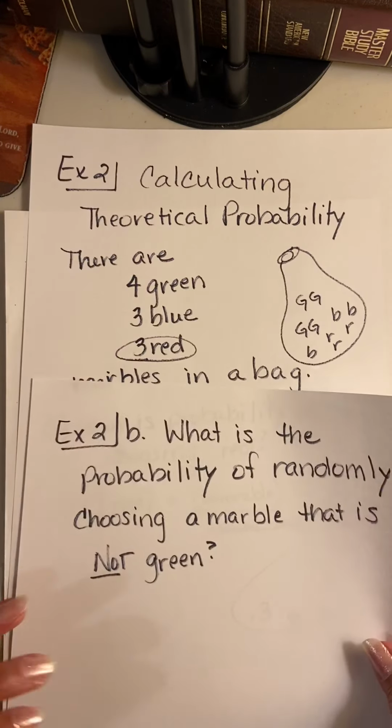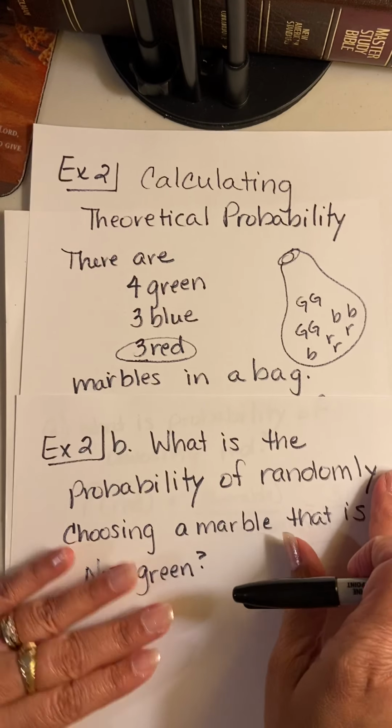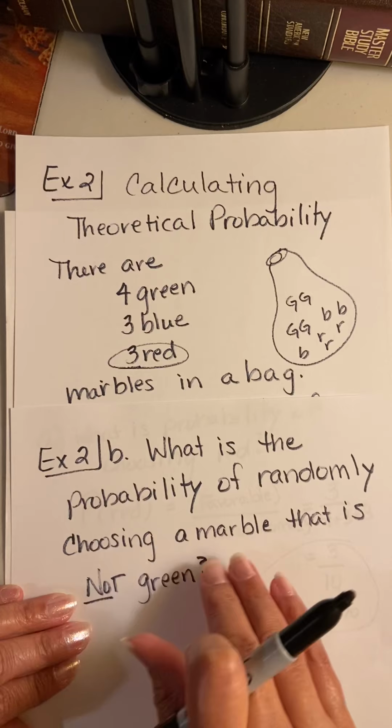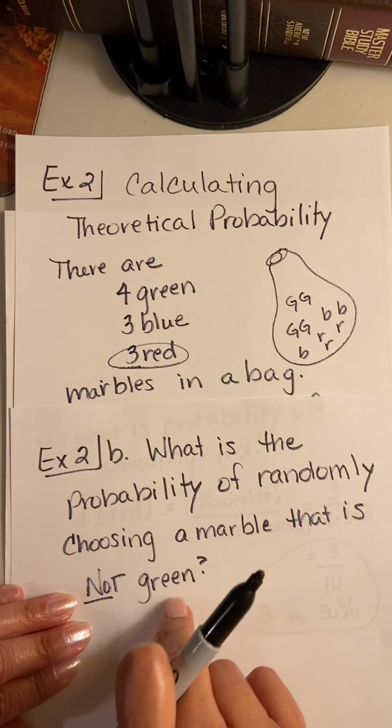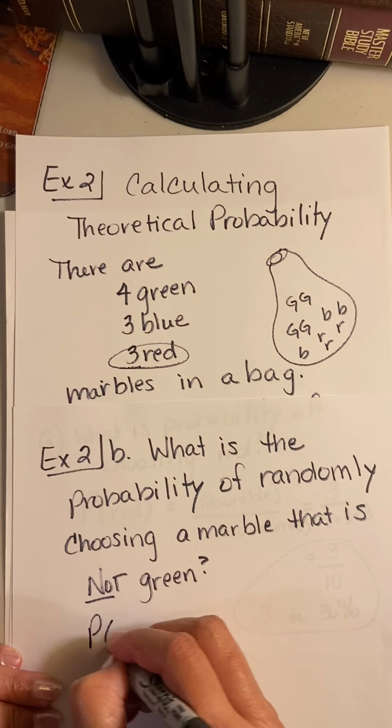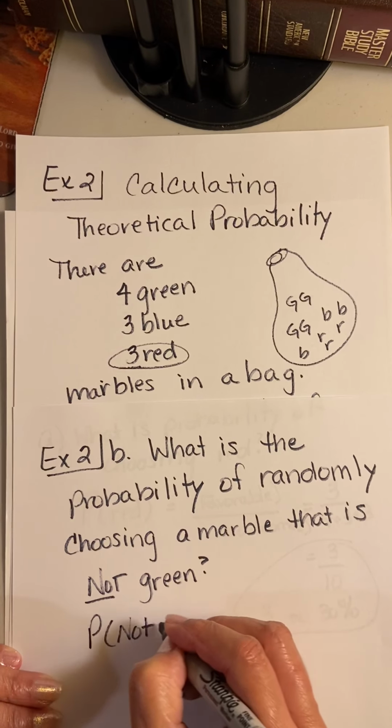Okay, let's go on to the next part. Actually, let me get that page back out because it's the same circumstances, but this time it says, what is the probability of randomly choosing a marble that is not green? Okay, so let's talk about this. So I want the probability of not green.